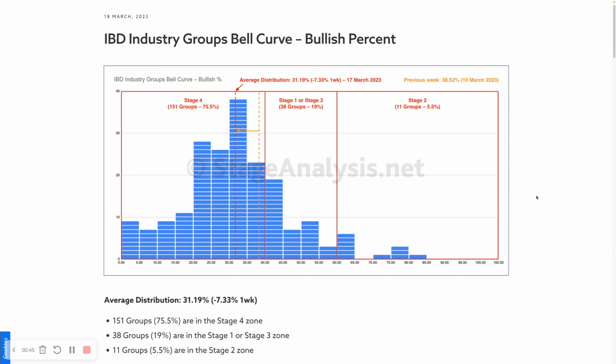So we start off with the bell curve, bullish percent, as well as the broader market breadth measures, and then get into the indexes, have a look at what's going on in the industry group relative strength rankings, what's been moving, obviously what's been strengthening, what's been weakening, and look at some of the watch list stocks. Bitcoin is continuing its stage 2 advance, and Ethereum is attempting to move out into stage 2 as well.